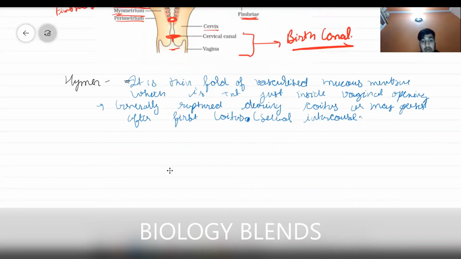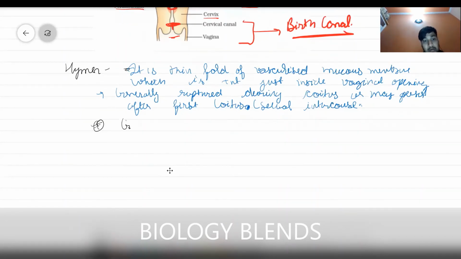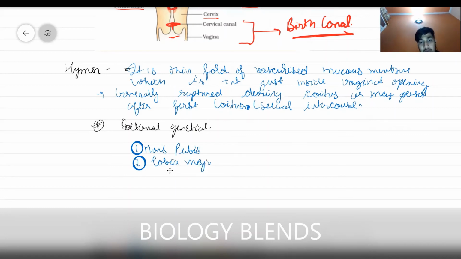Now, next is the external genitalia, which are mons pubis, labia majora, labia minora, and vestibule.